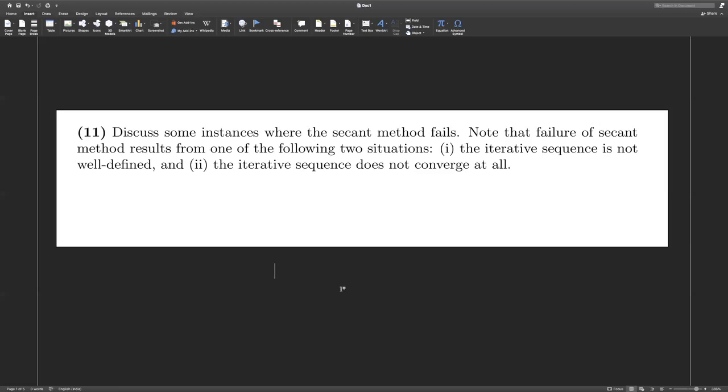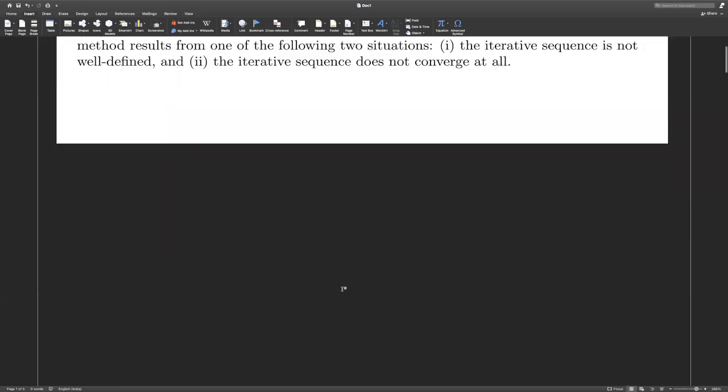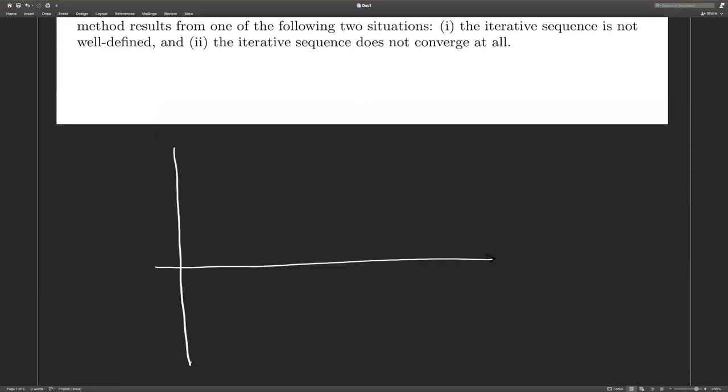The other instance where the secant method can fail is the case when the iterative sequence does not converge. You can graphically give some example for this. Consider the equation f of x equal to 0, where the graph of the function f looks like this, say. It asymptotically goes to 0 on this side, and it has some root here.